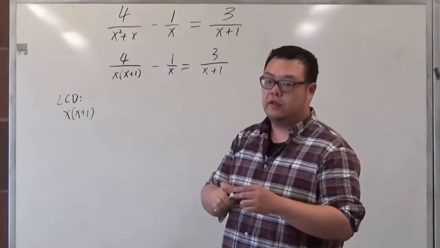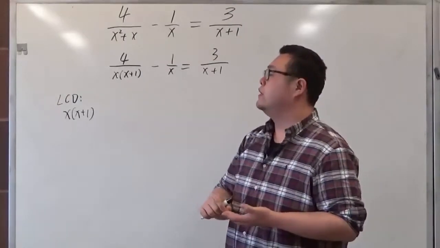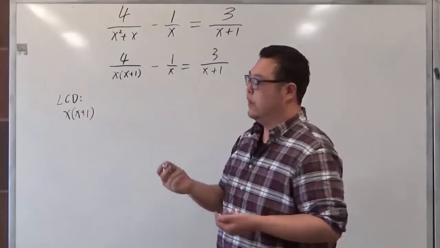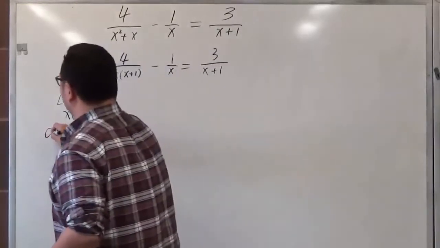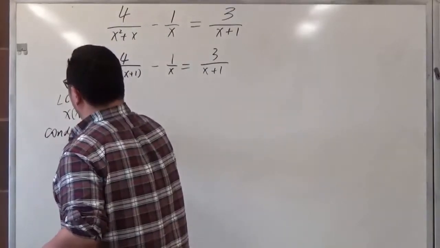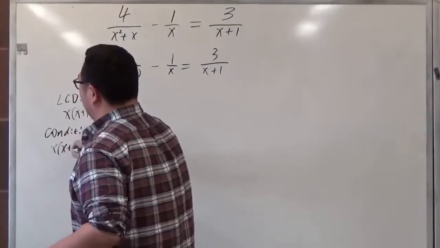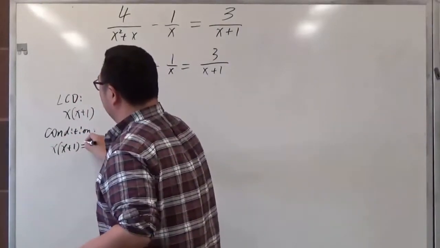That will make all the denominators disappear, but when we do that, the only thing we need to be careful about is the condition. Before we multiply, whatever we multiply the equation by should not equal 0.